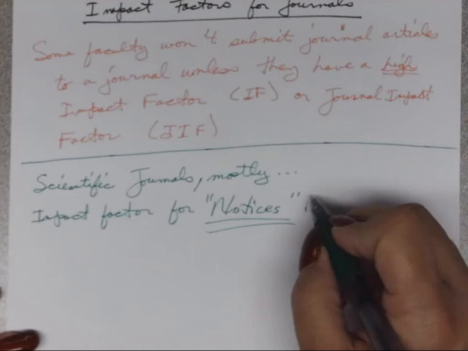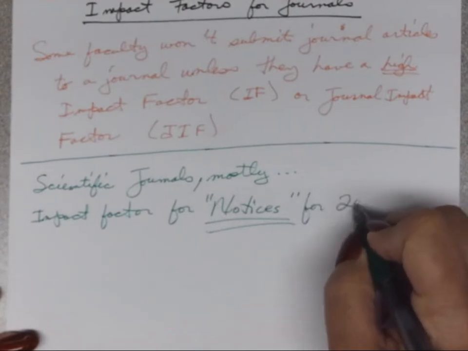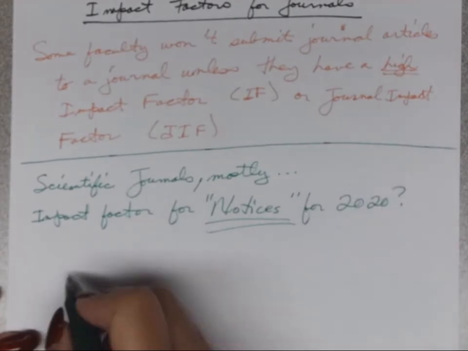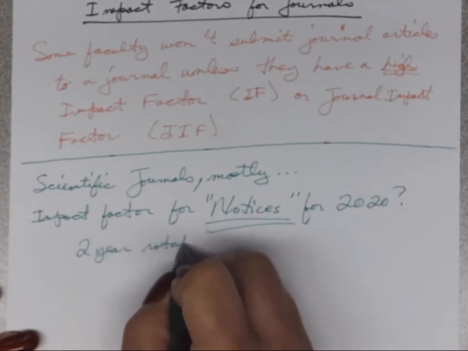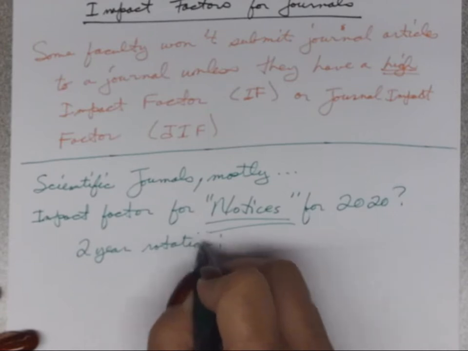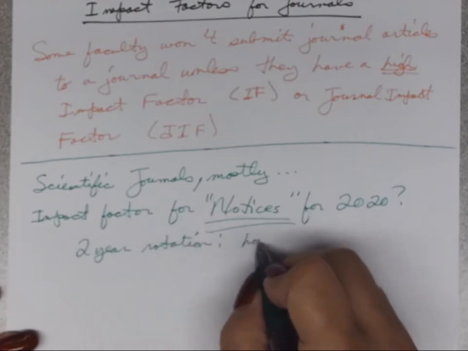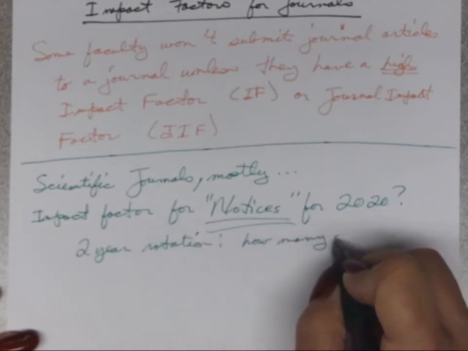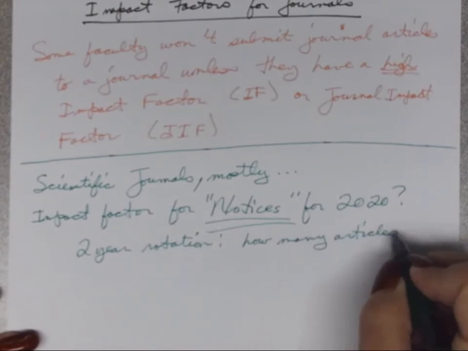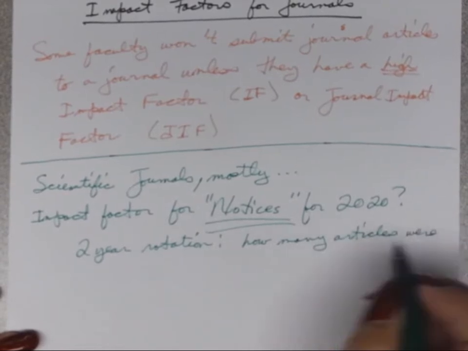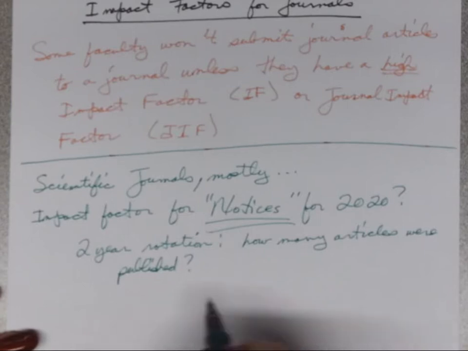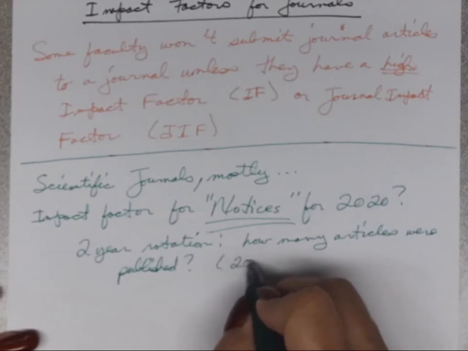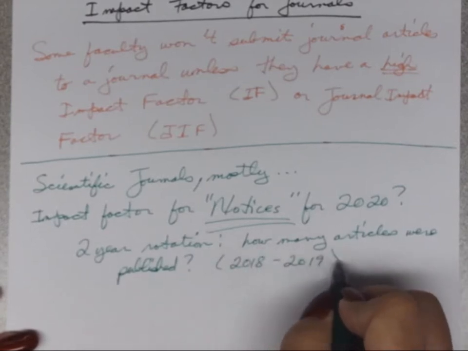So if I want the impact factor for the Notices for 2020, then what I would do is look at a 2-year window, and I would say, okay, how many articles were published in those 2 years, so that would be 2018 to 2019.